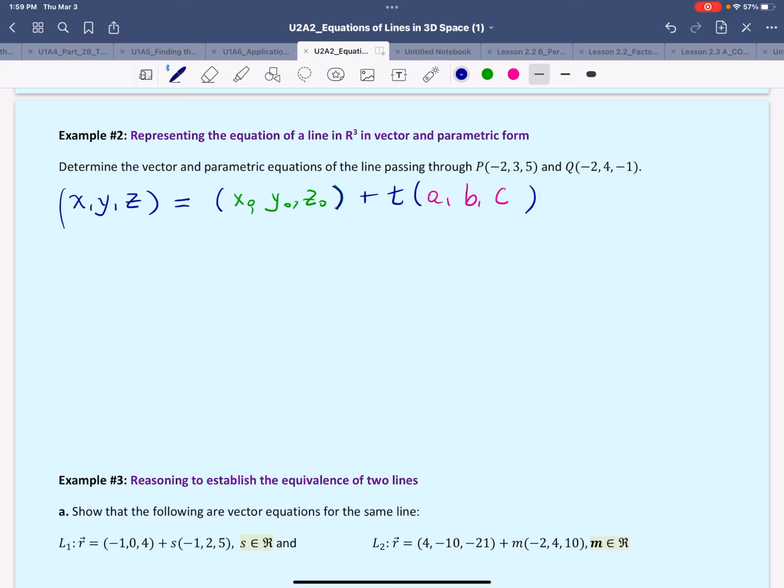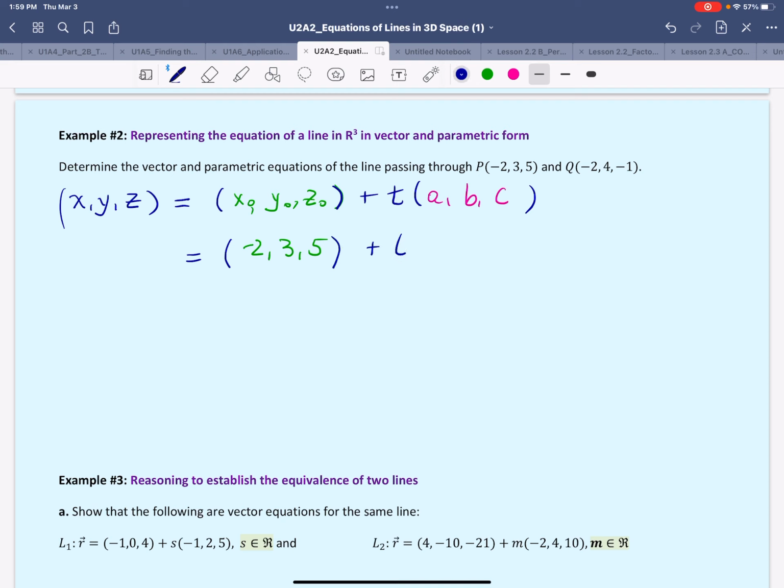And as a starting point here, or as a starting vector to be more precise, we can use the coordinates of any of the points as the head of the vector. So I will use in this case the coordinates of point P, and I would say that the starting vector will have the head at (-2, 3, 5).